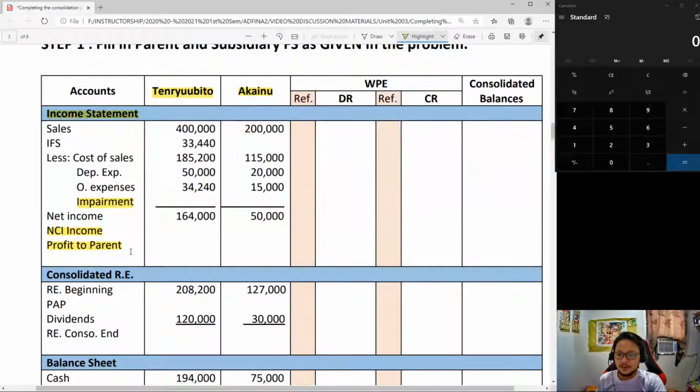So, moving forward, let me show you the rest of this format. Una, income statement. Pangalawa, you have the consolidated RE computation. Yes, there is a separate and dedicated area for the computation of the consolidated RE because it needs special attention.